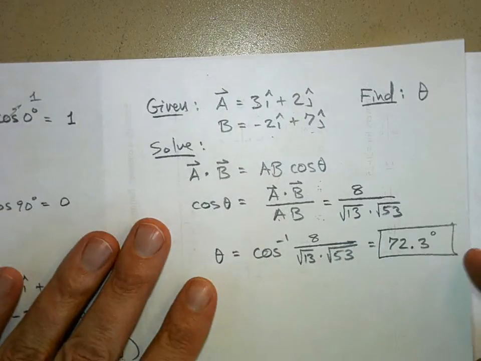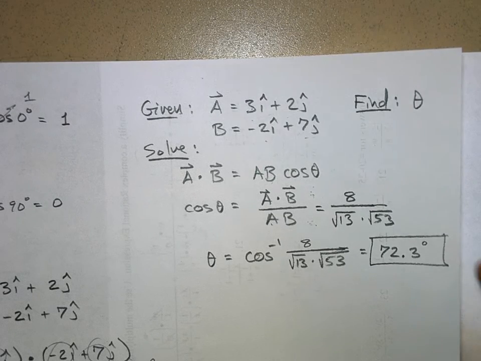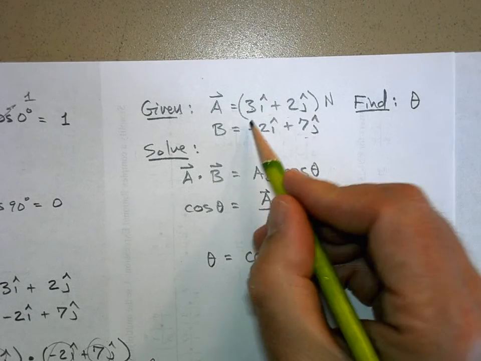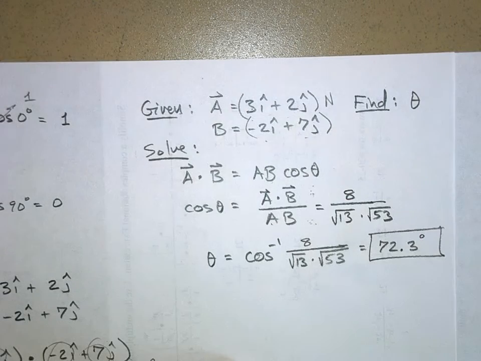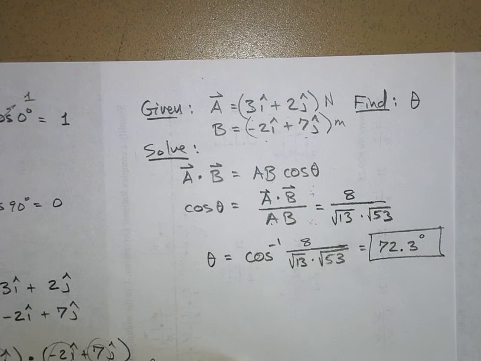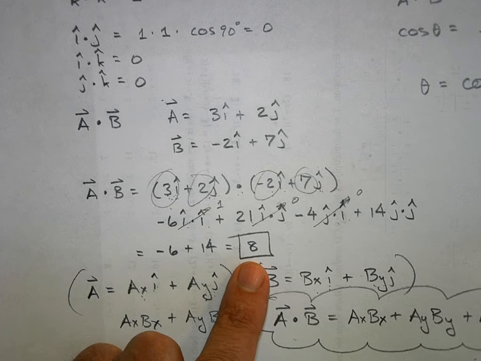What if I just rename these variables? I said A is force in newtons, and B is displacement in meters. So how much work was done? Well, I would go A dot B, and I would get 8 joules of work.